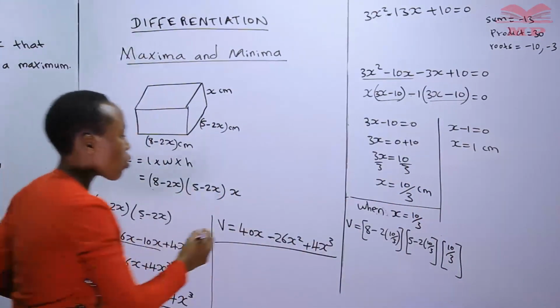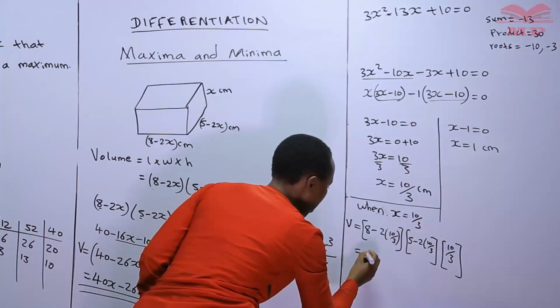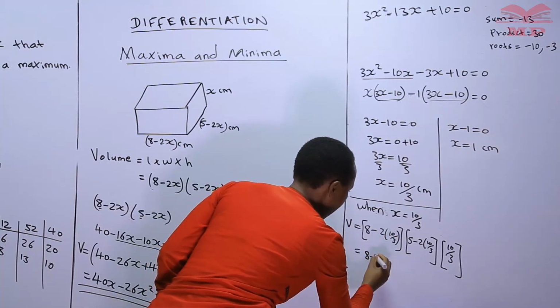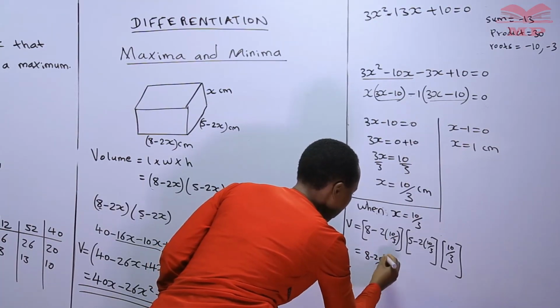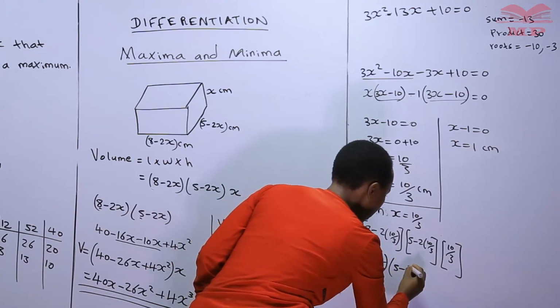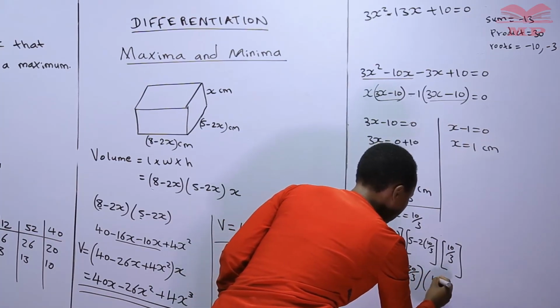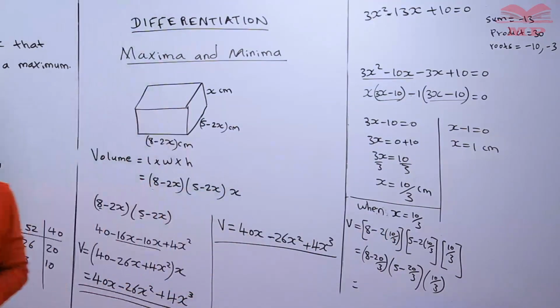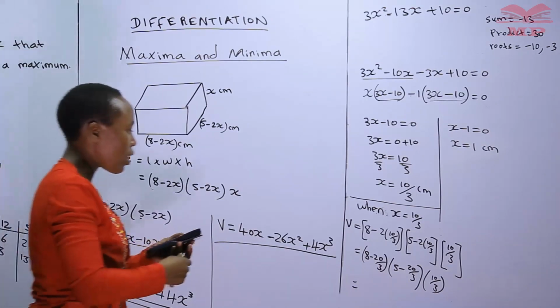So this is 8 minus 20 over 3, multiplied by 5 minus 20 over 3, multiplied by 10 over 3. And we get our volume for when x is 10 over 3.